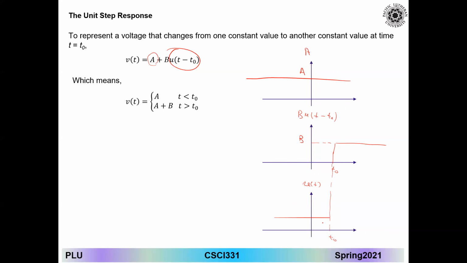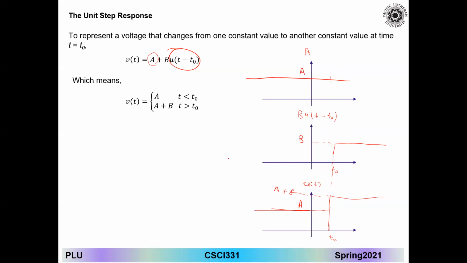Before t0, my quantity will be just A, so v of t will be A. Once we hit t0, I have two quantities: A plus this part here, which is B. So my signal will be that shape, where this point here is A plus B.